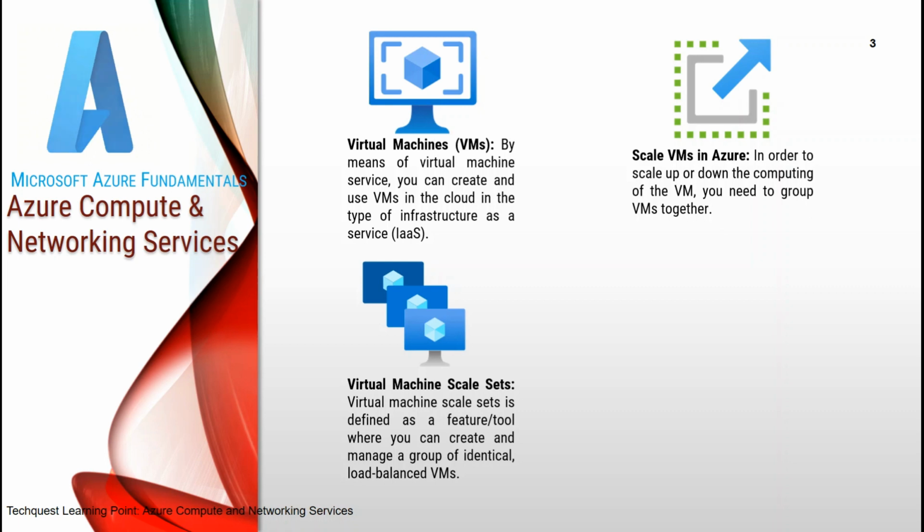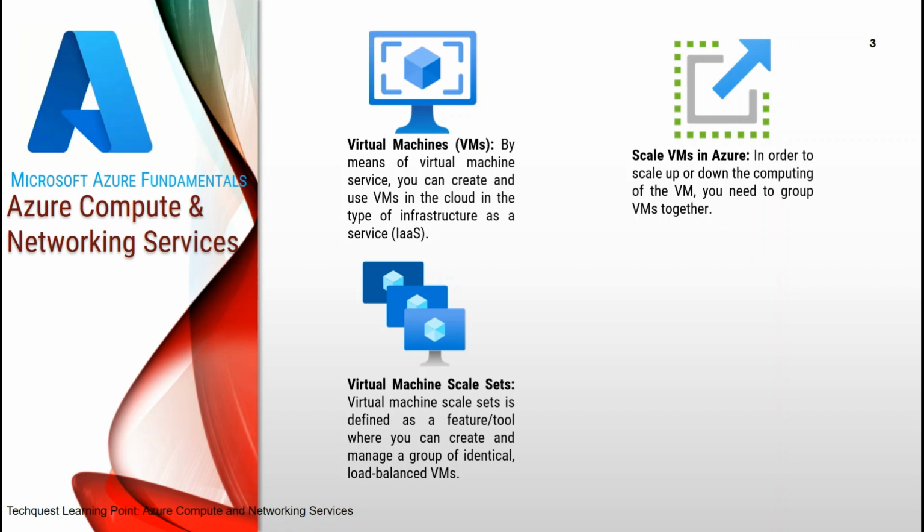It's possible to centrally manage, configure, and update a large number of VMs in minutes by using scale sets. The number of VM instances can automatically increase or decrease in response to demand, or you can set it to scale based on a defined schedule.